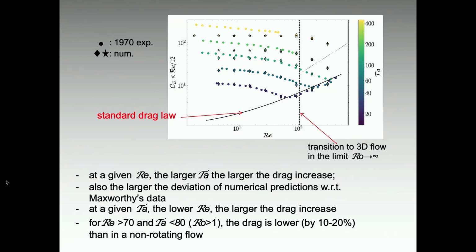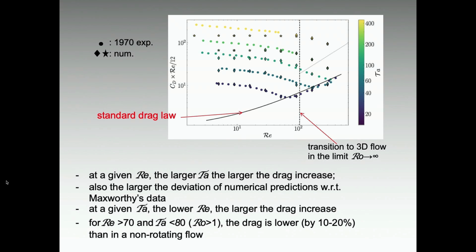And for the largest Taylor number, there is an almost 100% disagreement between the numerical and the experimental data. Also, if we consider a given Taylor number, that is a given color in this graph, the lower the Reynolds number, the larger the drag increase. So you see that the drag increase is larger on the left part of the graph also.